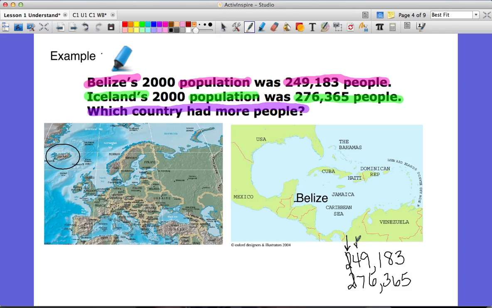Then we go to the next column and we see that it's a 4 and a 7. Because the 7 is bigger than the 4, that tells us that this number has to be bigger. Even though the number in the 100,000s place is the same, because the number in the 10,000s place is larger in Iceland's population, that tells us that 276,365 in fact is the larger number. So that tells us that Iceland does have a larger population. So the answer to this question would be Iceland.